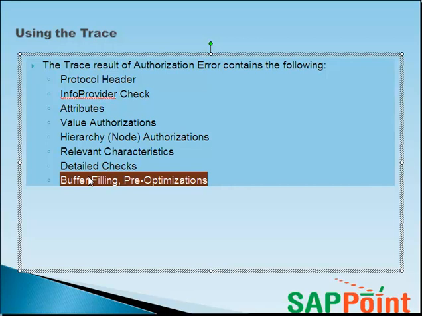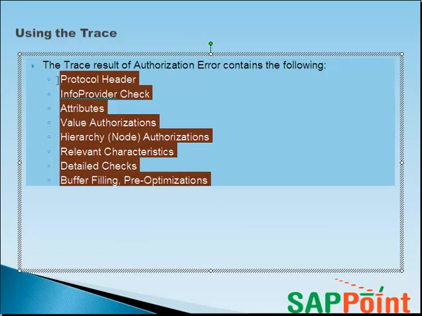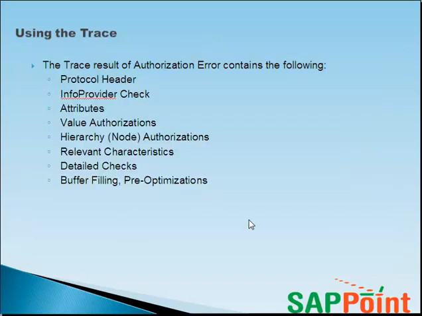The most important steps of this buffering are extensions and the merging of authorizations, which means summarizing the authorizations that can enhance each other. So the merging summarizes authorizations that differ in one dimension, that is one characteristic. So the trace results will contain a lot of information about the entire execution that the user performs on a query.